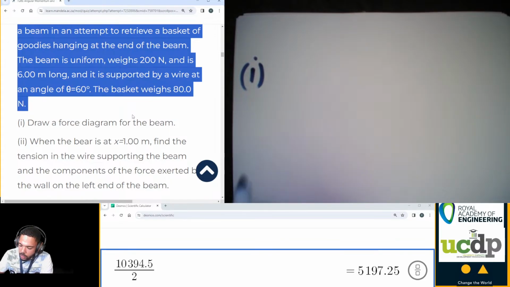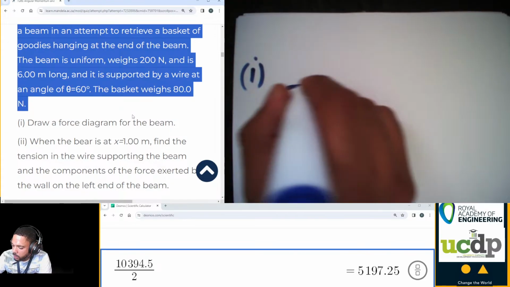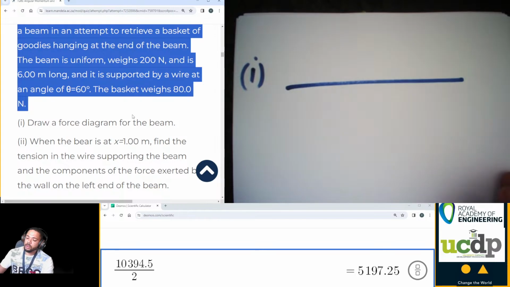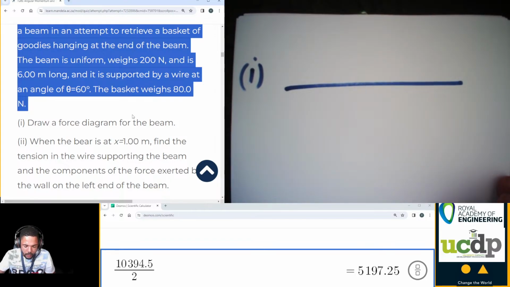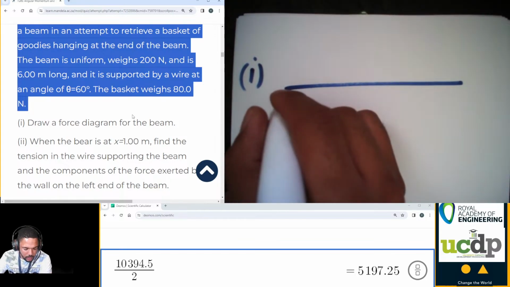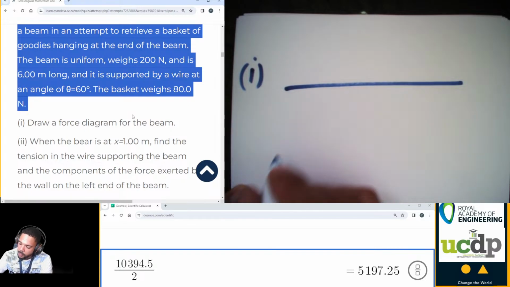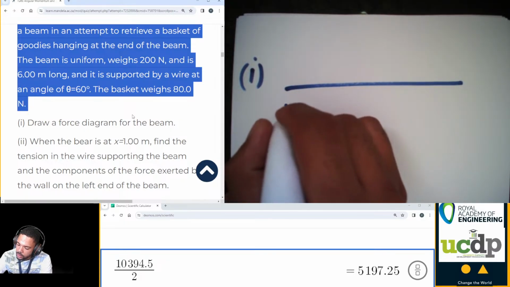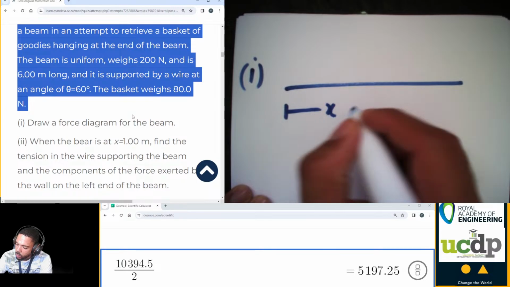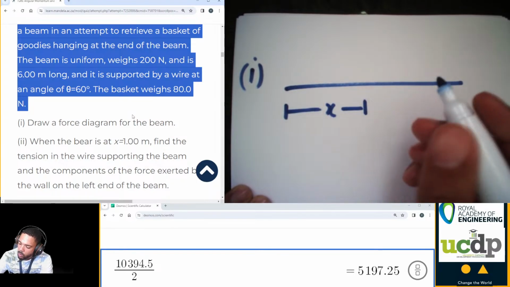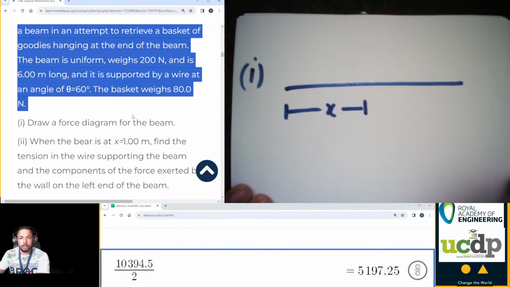Okay, now this is the beam. On this beam, a certain distance x away, we don't know where, this bear is walking on the beam somewhere.